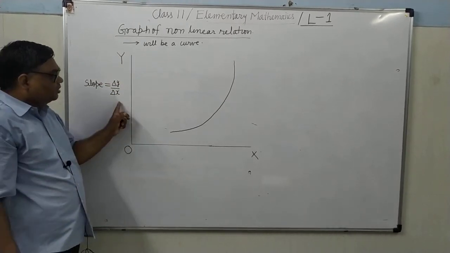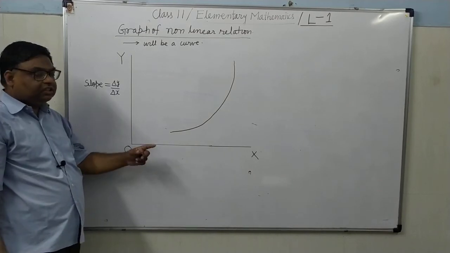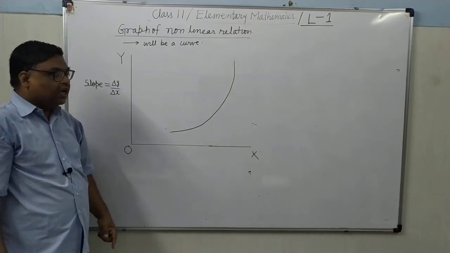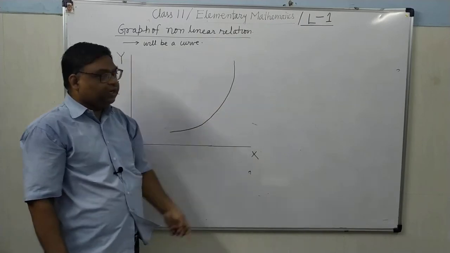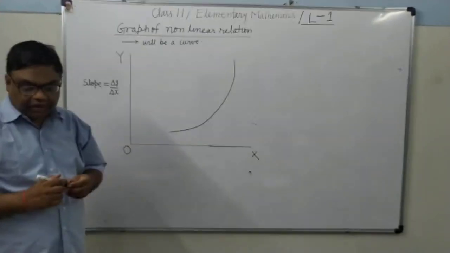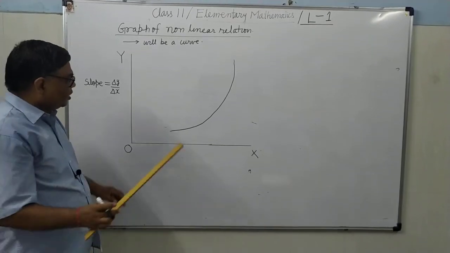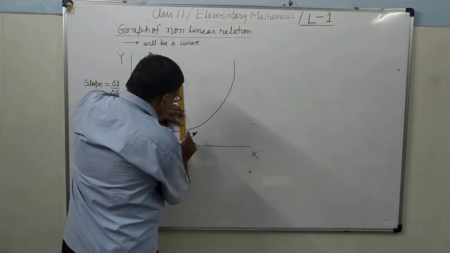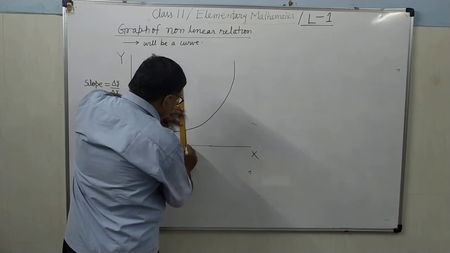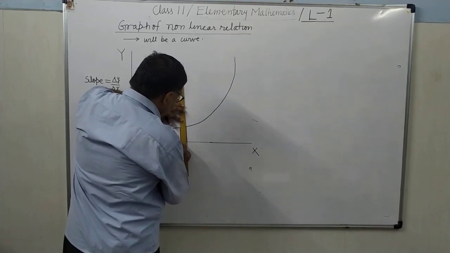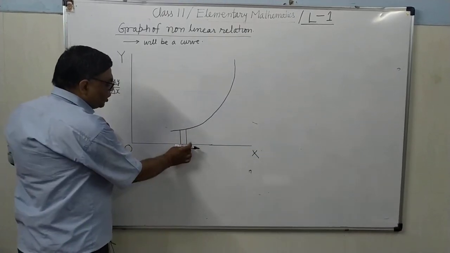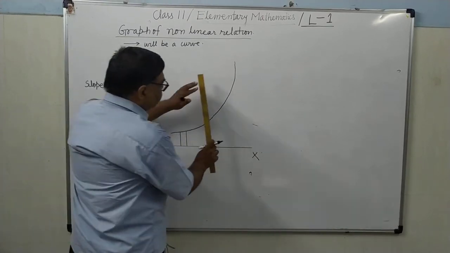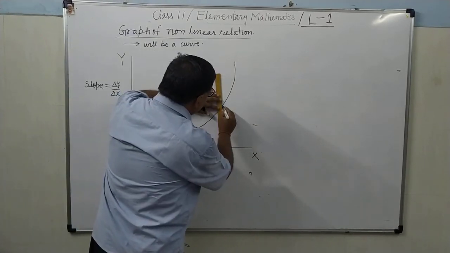It means the change in y with respect to x is slower in the beginning and afterwards it is very fast. That you can see here. I have taken two values of x in different regions. Here I have taken one gap, and another gap in between the values of x is this.